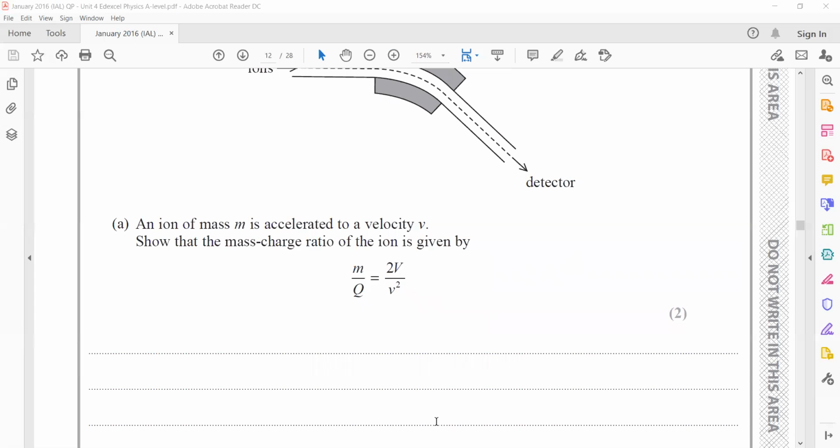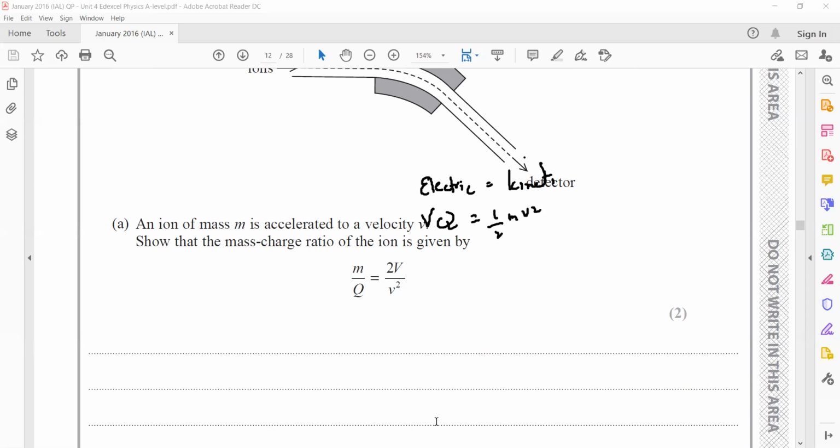As we know, we are accelerating the charge by using the electric field. So we can say electrical energy is equal to kinetic energy. Voltage is work done per unit charge, so voltage times charge is equal to kinetic energy, half mv squared.